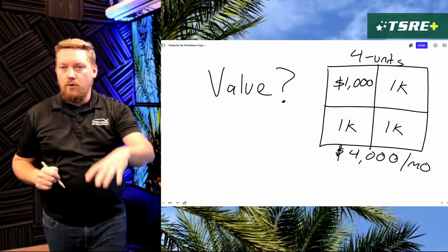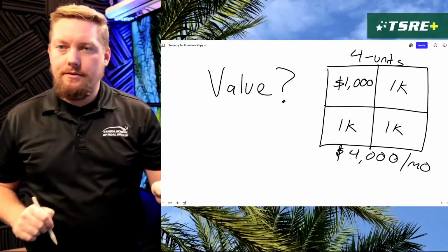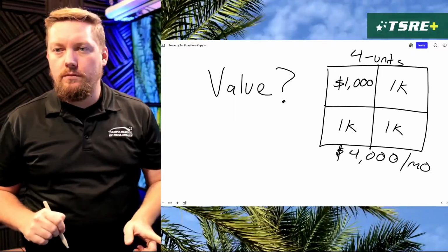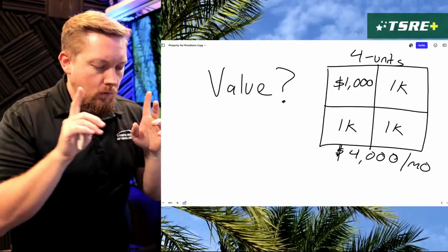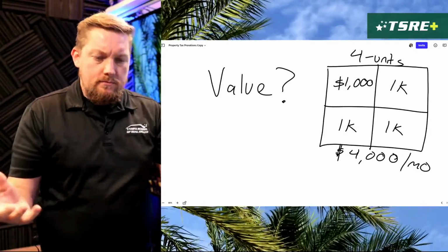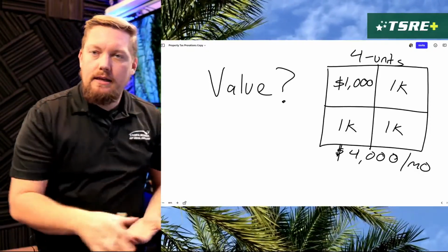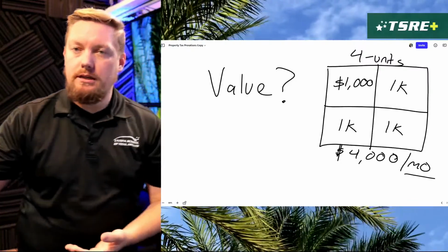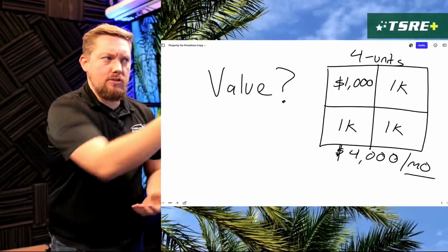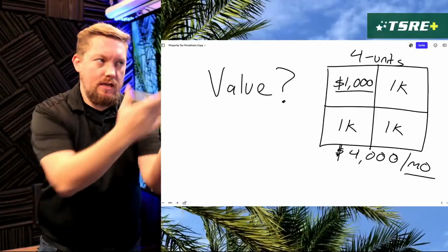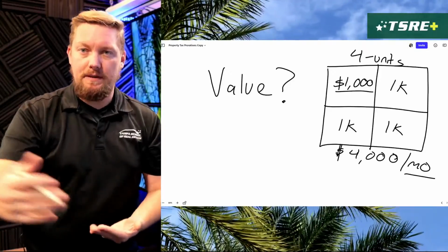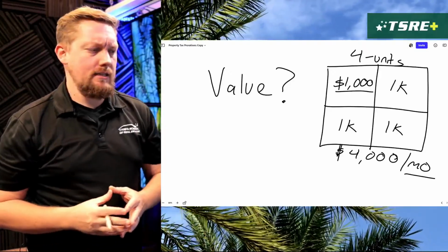So each of these 4 units, $1,000 per month, $4,000 total. Now, one of the assumptions is that rent is always a monthly number, because when you talk about rent, such as $1,000, you're saying $1,000 per month because it's typically paid on a monthly basis.